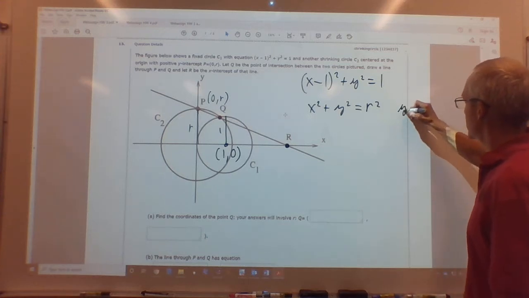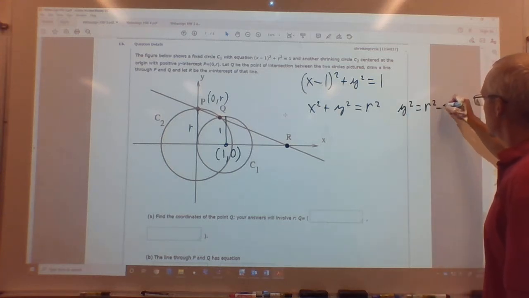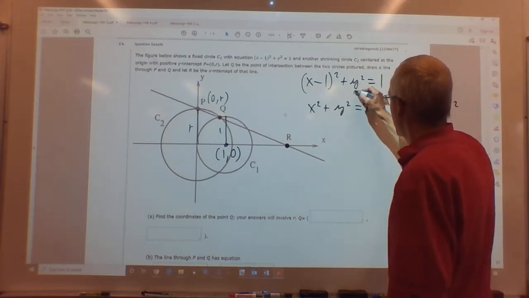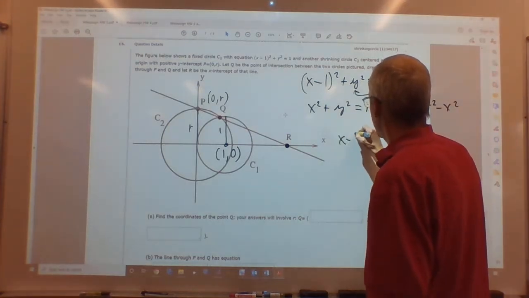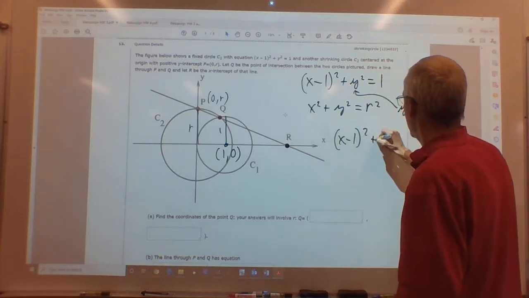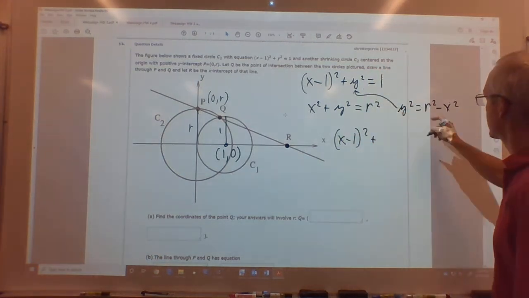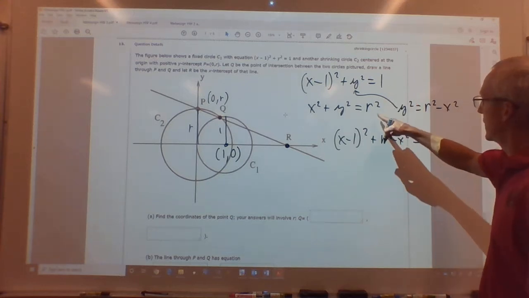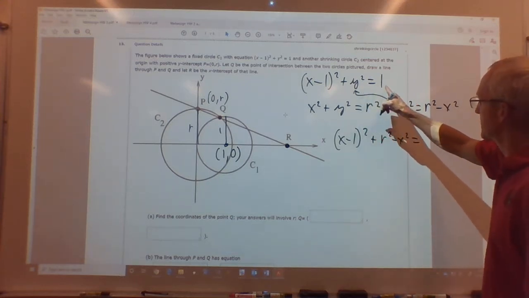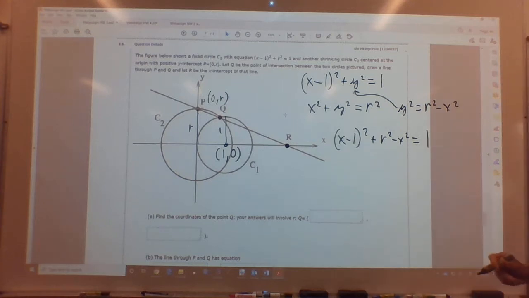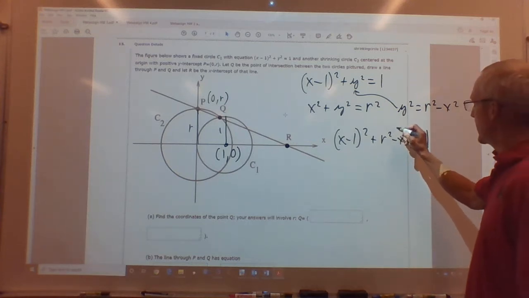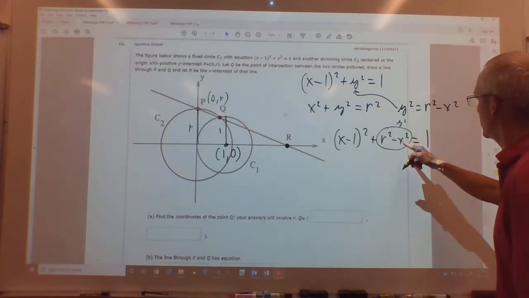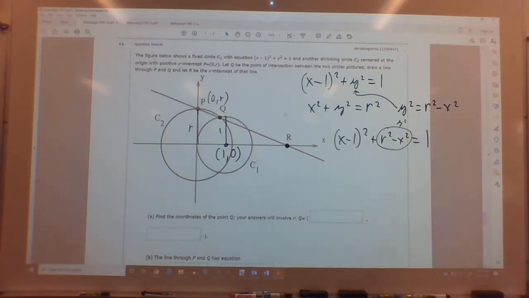So from this equation, y squared is equal to r squared minus x squared. Take this, plug it into there. So I get (x minus 1) squared plus y squared, which is r squared minus x squared, equals 1. Okay, so this is what we had. Y squared is r squared minus x squared.